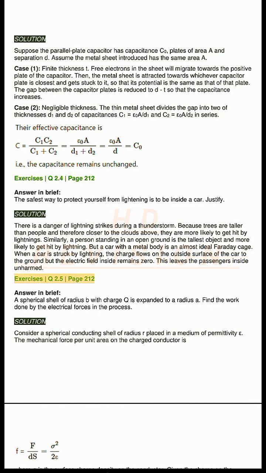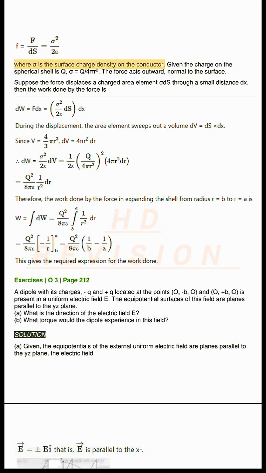Exercises Q2.5, page 212. Answer in brief. A spherical shell of radius b with charge q is expanded to a radius a. Find the work done by the electrical forces in the process. Solution. Consider a spherical conducting shell of radius r placed in a medium of permittivity epsilon. The mechanical force per unit area on the charged conductor is sigma squared over 2 epsilon, where sigma is the surface charge density on the conductor.